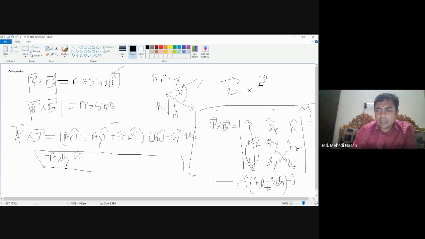So minus j, then this part will close, and the multiplication of these two, ax bz minus az bx. Similarly, in case of k, this part will close, and the multiplication of these two minus these two. This multiplication is given already in the video, so you can easily find a cross b. So this is the procedure to calculate the cross product.